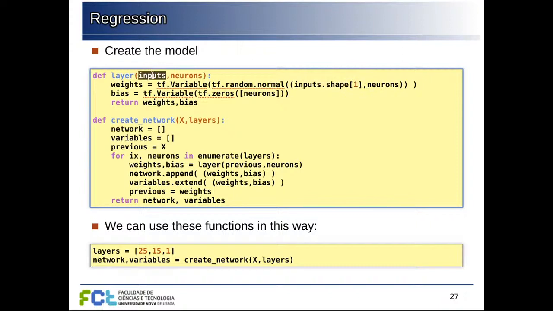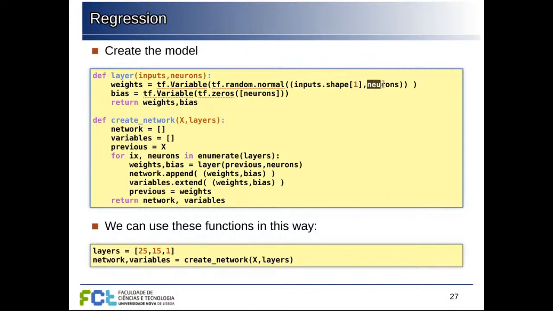So the inputs would be, for example, the features or a batch of examples where the columns are the different features. So if the columns are the features, this must correspond to the weights of each neuron. And we are going to put the neurons in columns. Remember what we saw last week. So the number of weights of each neuron is the number of features in each example, and it will be the number of rows in this matrix.